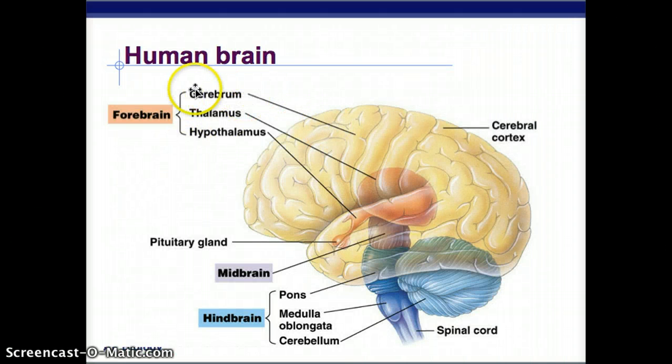So here's the cerebrum, the thalamus, the hypothalamus, the cerebral cortex, the pituitary gland, controls a lot of hormones, the midbrain right there, see it's in the middle of your brain, and the hindbrain is made of the pons, the medulla oblongata, see it's like an oval here, and the cerebellum, this big offshoot. And here's your spinal cord.